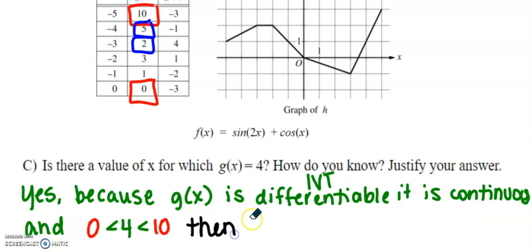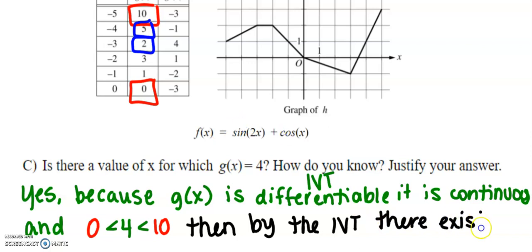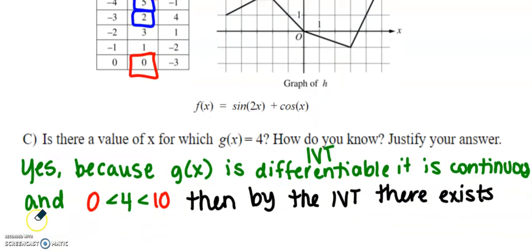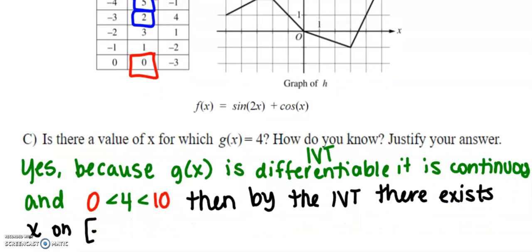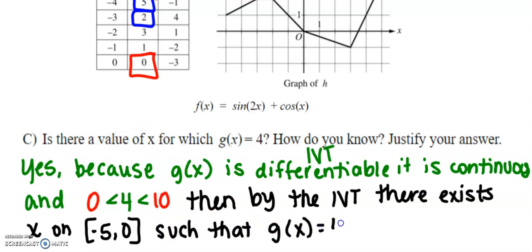Then, by the IVT, there exists x on, if you use the numbers in red, the interval from -5 to 0, such that g of x is equal to 4.